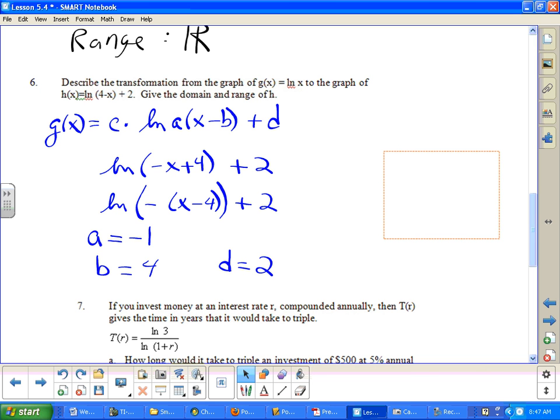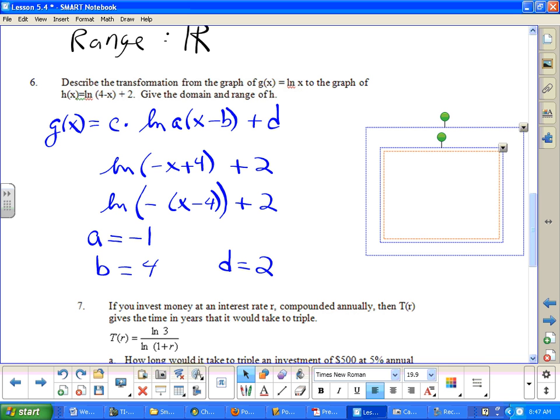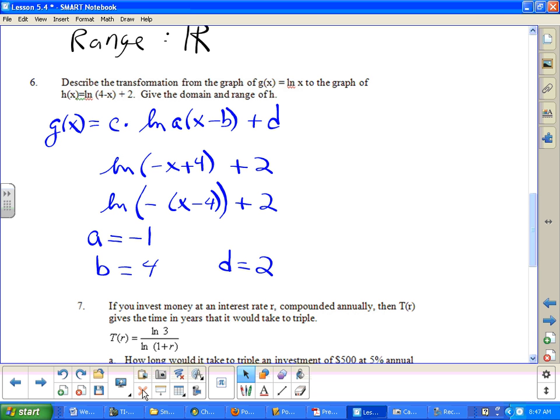Which means then, what does a being negative tell us? It's a horizontal reflection, which means instead of this one going off to the right, it's going to go off to the left. So the graph's going to go the opposite direction. So we have a horizontal reflection, yep, because a is negative.